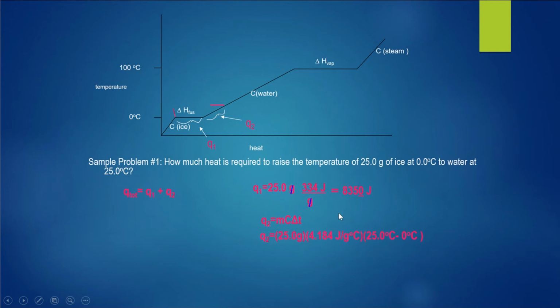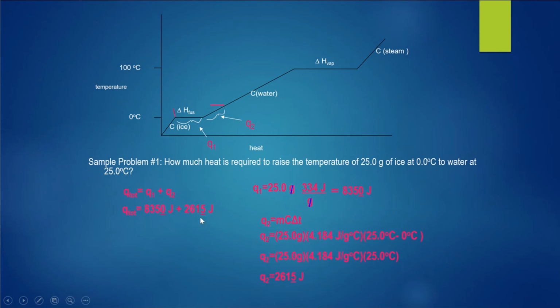Our mass has not changed. We're still working with 25 grams of water, and our temperature change will be 25 degrees Celsius minus 0. Final minus initial. We calculate our value, 2,615 joules, to bring that 25 grams of water up 25 degrees Celsius. We bring both of those values over.